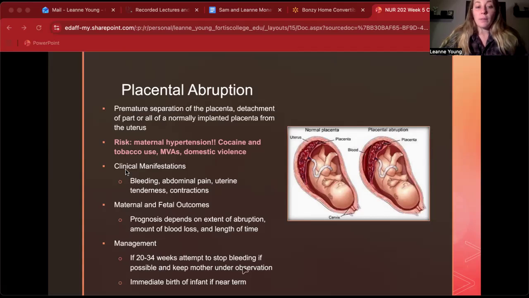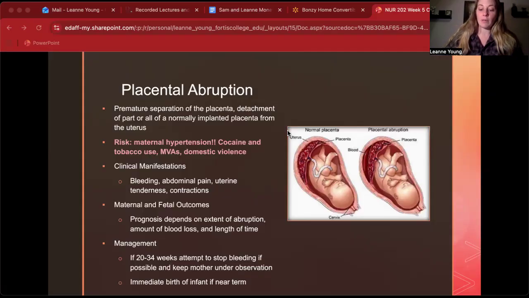The mom and baby outcome. So the prognosis depends on the extent of the abruption, the amount of blood loss, and the length of time. Okay. If a mom comes in right when she starts having these symptoms, odds are we have an emergency C-section. Baby might need some extra resuscitation because if that placenta has started partially abrupting from the uterine wall, we're going to have a disruption in fetal oxygenation, which can cause fetal distress at delivery.